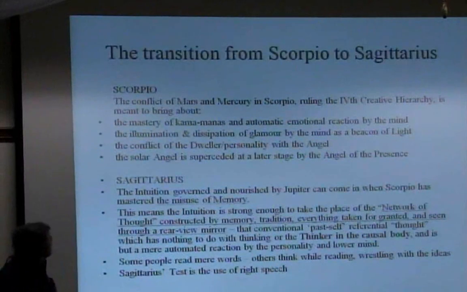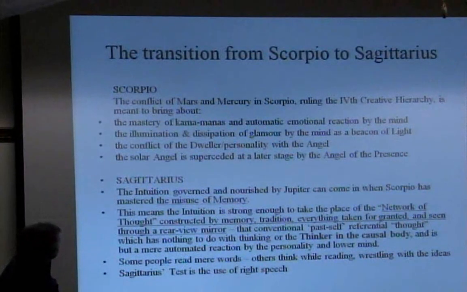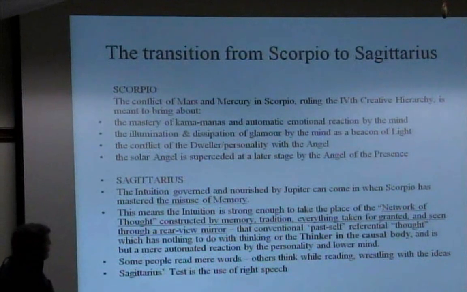And the transition from Scorpio to Sag, I think, is very relevant in terms of the position we're at right now. It brings about the conflict of the 2 stars of conflict. Scorpio's problem is basically mastery of kama manas, automatic emotional reactions, illumination, then dissipation of glamour, then the conflict of the dweller or the personality with the angel.